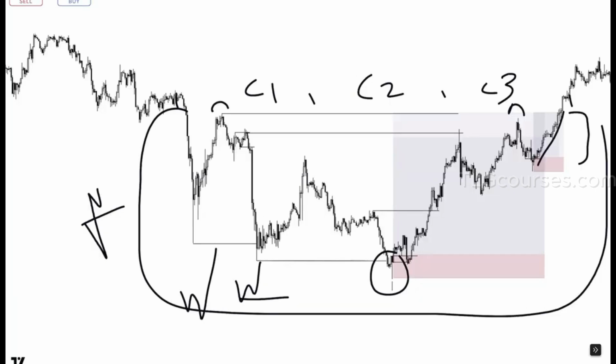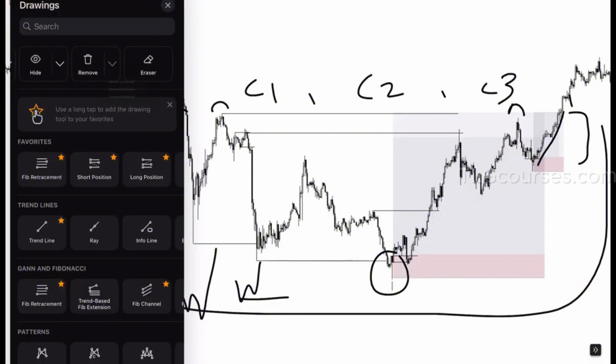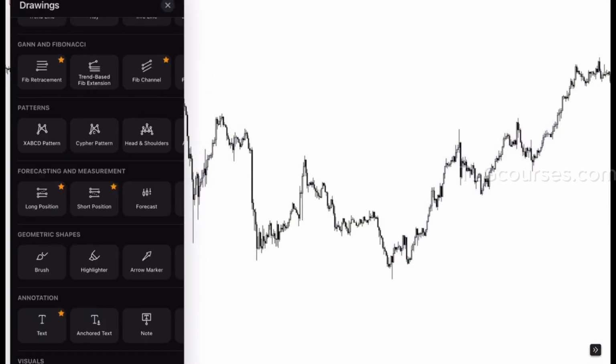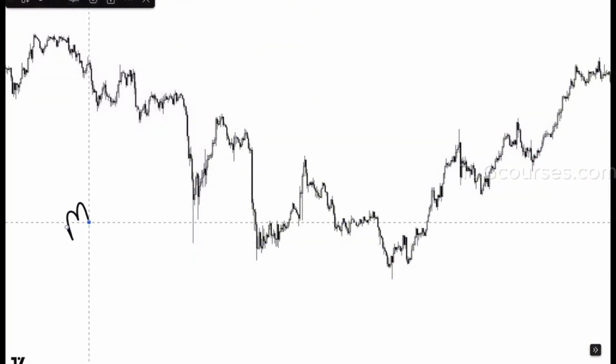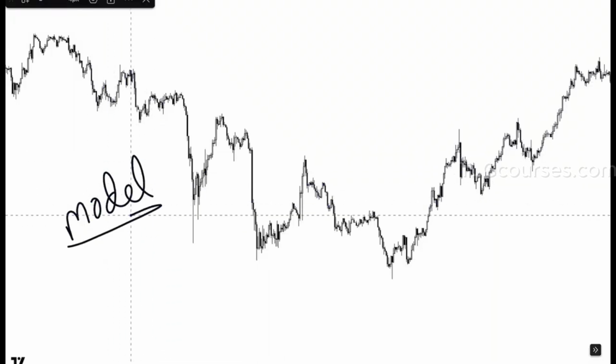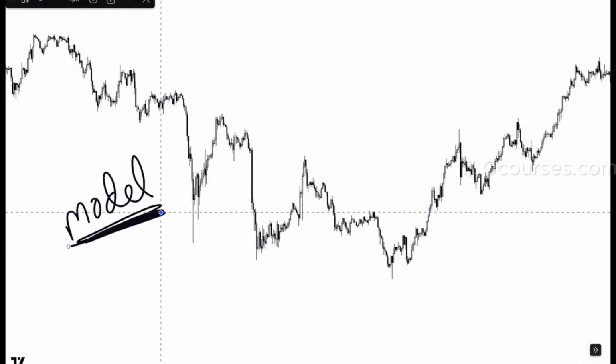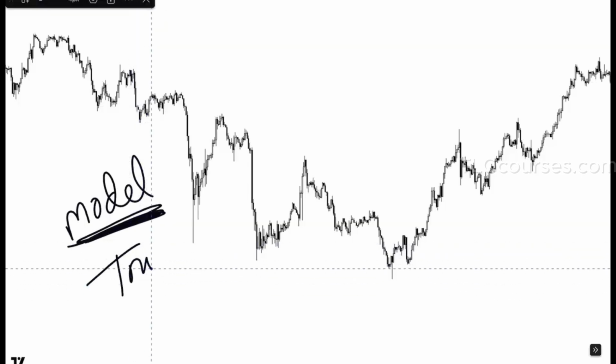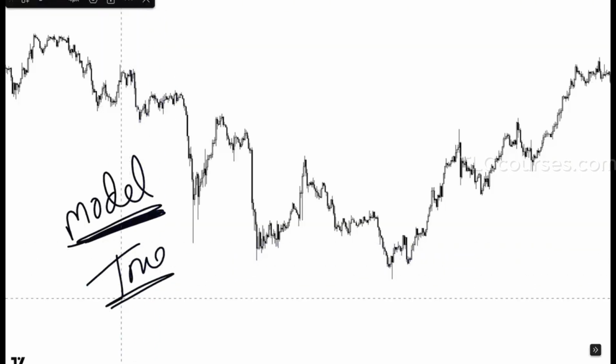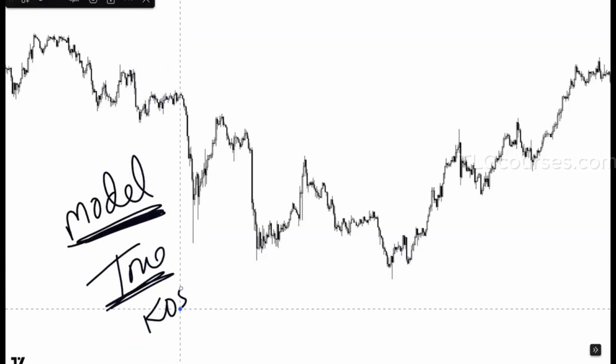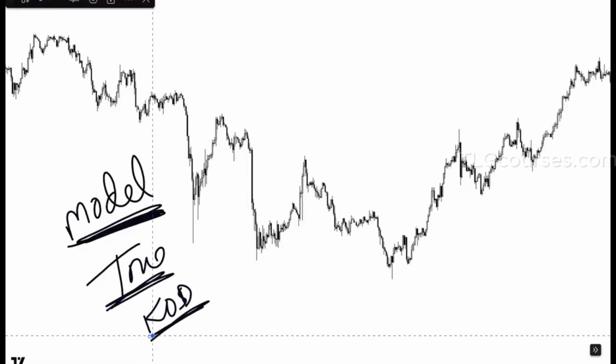Either a model number 1, with its nuances and details, obviously, right? And a true market structure shift, and a kiss of death turtle soup.